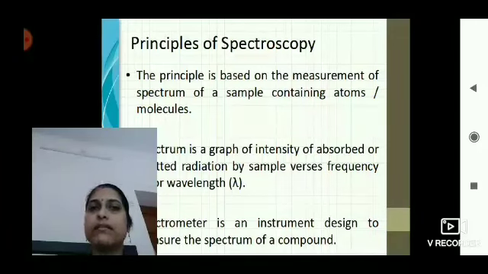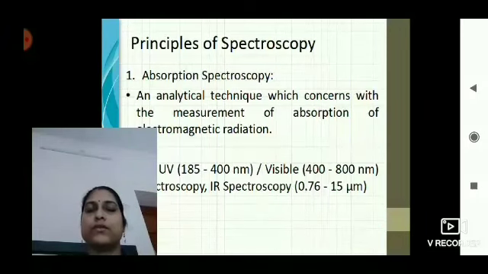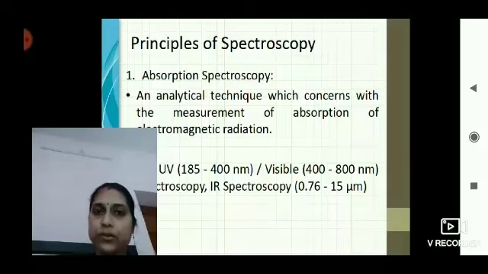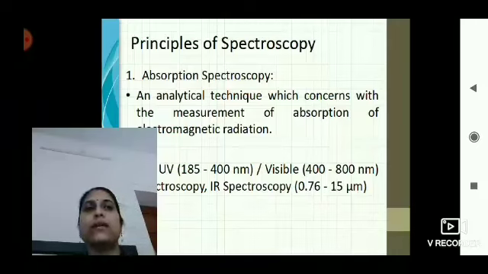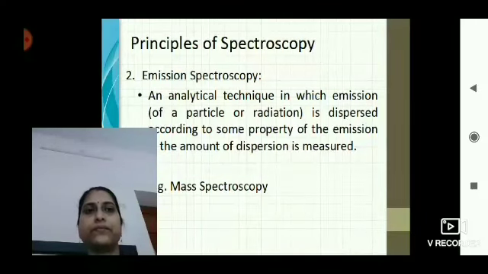Similarly, when the emitted intensity is plotted against wavelength or frequency, it is emission spectroscopy. One of the most popular examples of absorption spectroscopy is UV visible spectroscopy. Infrared spectroscopy is also an absorption spectroscopy, and an example of emission spectroscopy is mass spectrometry.